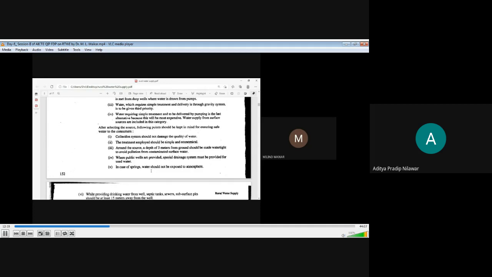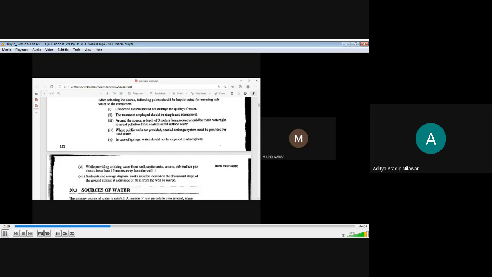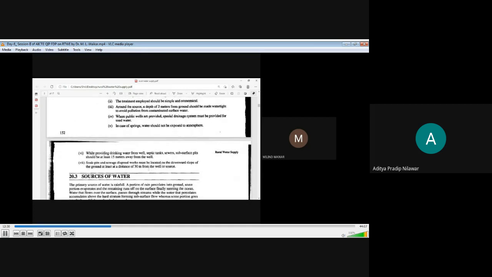Now, obviously, in case of springs, we should ensure that these springs are not overexploited and exposed to the atmosphere. Further, while providing drinking water from a well, septic tanks, sewers, or subsurface pits should be at least 15 meters away from the well from where we are withdrawing water.